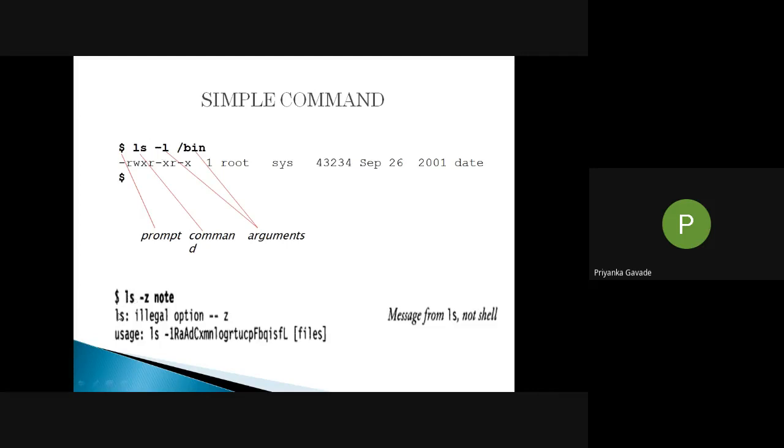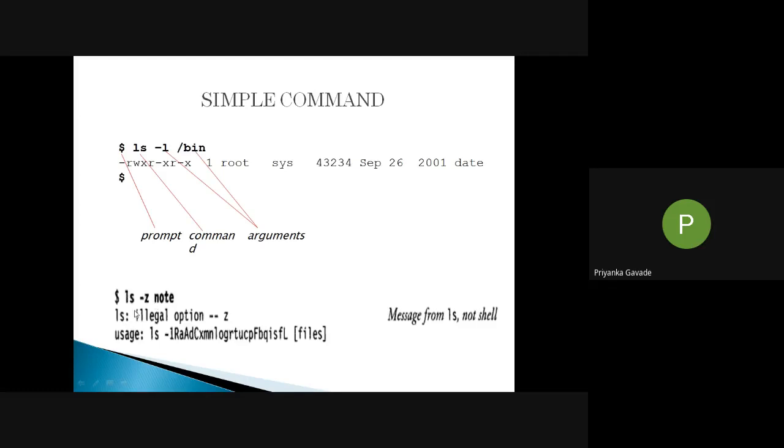Okay. So the set of characters involved in options are already predefined. But in case I give an option that is not present in the predetermined list, then you get a message saying that the option you have specified is illegal, right?